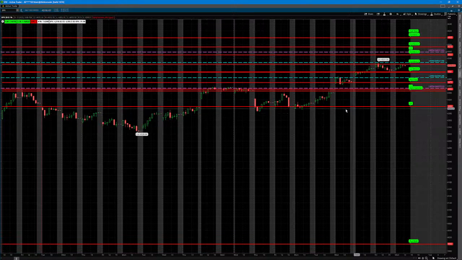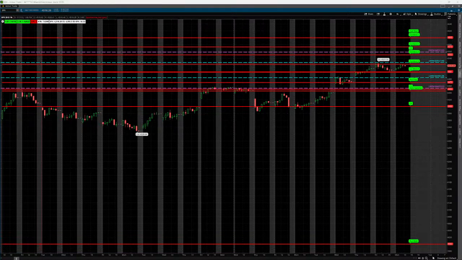This trend started last week around the 4,400 level. Let me point out some levels on this chart. First of all, the dashed purple lines are showing the lower and upper weekly expected move. So far, SPX is trading inside that range. And then the dashed blue lines are showing the lower and upper daily expected move.